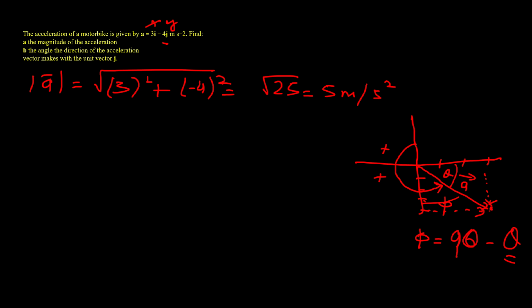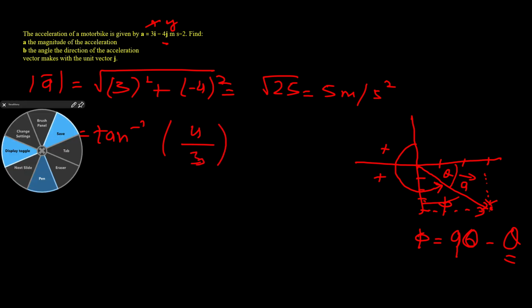We can very easily find theta by using the x component and y component of this vector. Theta is equal to tan inverse 4/3.